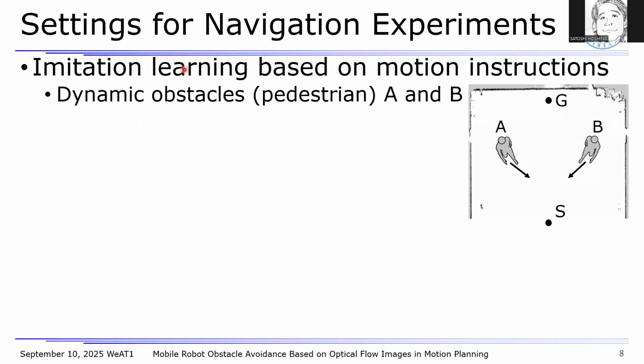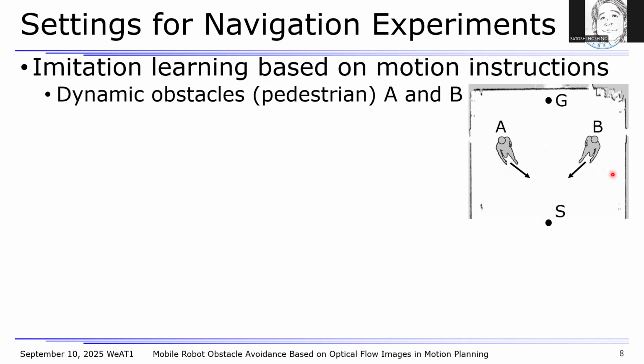All the motion planners are developed using imitation learning based on motion instructions. In the environment shown in this occupancy grid map, an expert instructs a robot to move toward the goal destination, which is 15 meters ahead of the start positions. Meanwhile, a person walks in the indicated direction from either A or B as a dynamic obstacle at a speed of 1.0 meter per second.